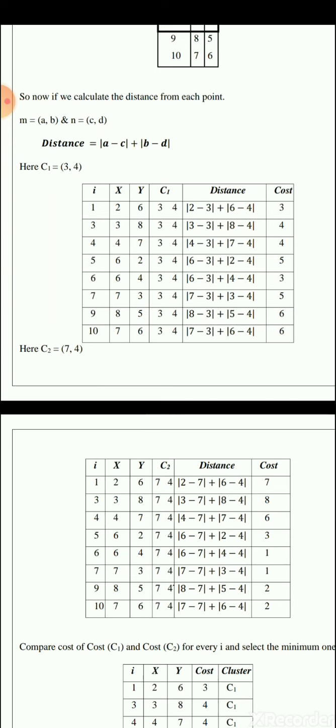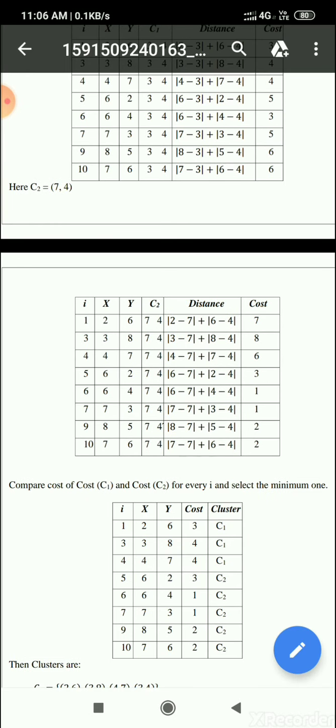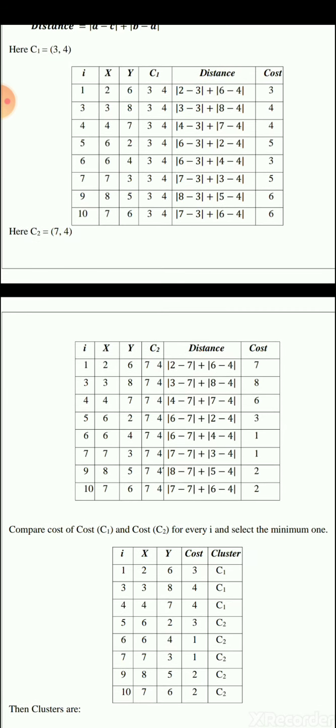Then compare the cost of C1 and the cost of C2 for every point and select the minimum one. You have to compare each row. For the first one, from C1 we get a cost of 3, isn't it? From C2, what is the cost? We get 7. So 3 is less, and we put it in cluster C1.